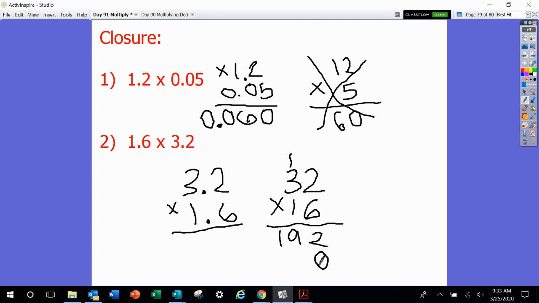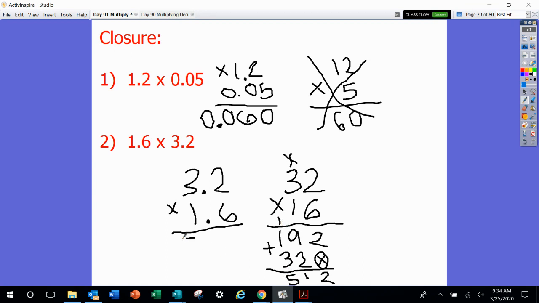Placeholder 0. 1 times 2 is 2. 1 times 3 is 3. 2 plus 0 is 2. 9 plus 2 is 11. 1 plus 1 is 2, plus 3 is 5.